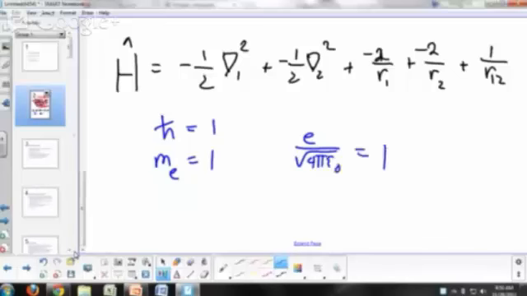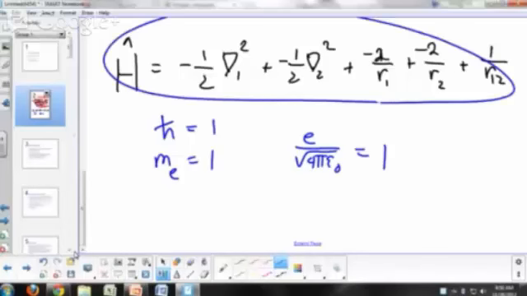Okay, so that would be your atomic units. That would be just a quicker way of writing the Hamiltonian. And in this particular case, our distance in atomic units would be 1 Bohr radius. So 1 Bohr radius, a naught, in this case would be just 1.